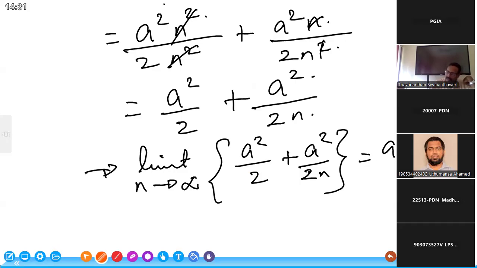So this is a square by 2 plus, as n reaches infinity, this will become 0. So the answer will be a square, sorry, a square by 2. A square by 2.